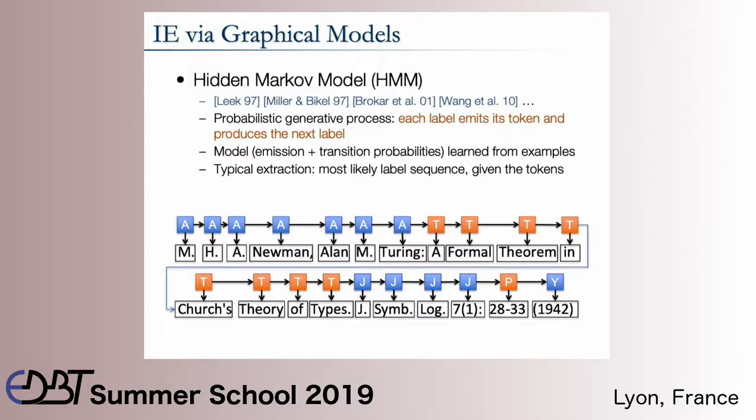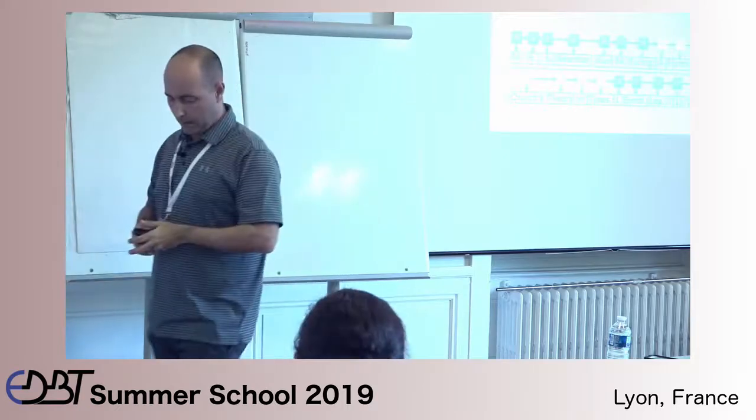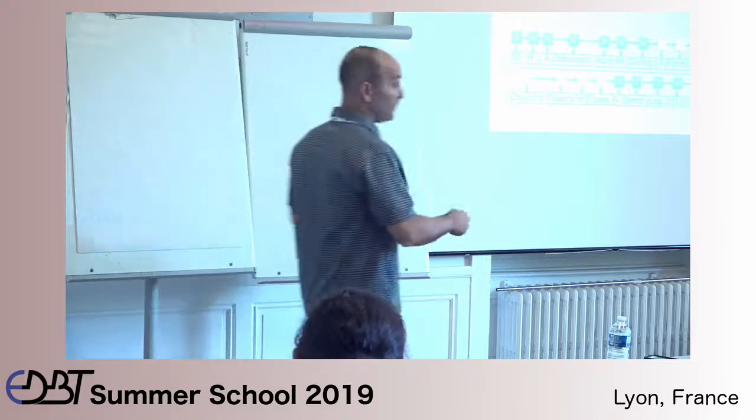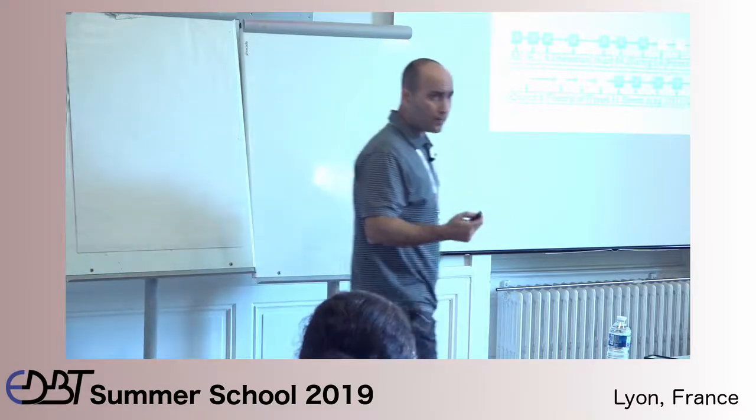So one way of encoding these dependencies is via probabilistic graphical models. One of the earlier approaches was the HMM, where the idea is that we assume there are some states that have labels, and they're hidden, we don't know what they are. But they're part of this generative process where every one of these nodes, based on the state, produces some content. What we see is basically the content, the output of this process, and we want to make the best guess as to what would be the most probable sequence of labels to begin with.